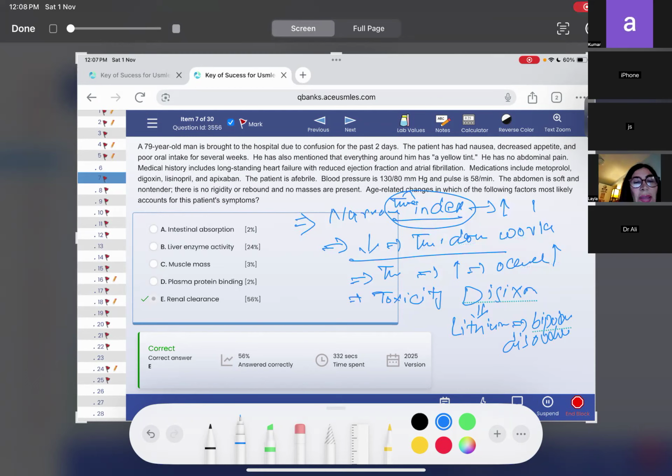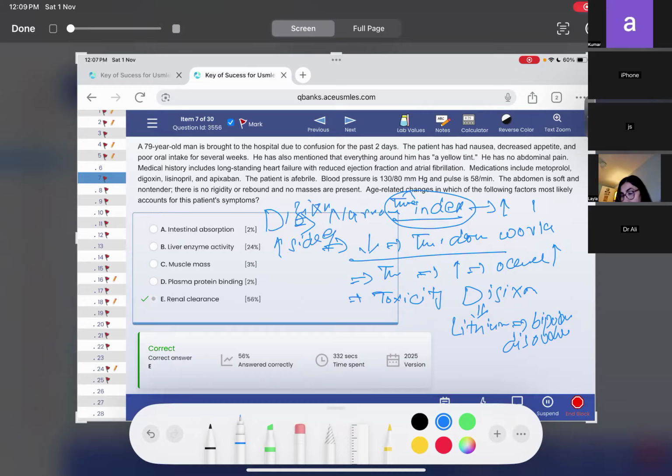I was just wondering, since there seem to be so many questions on digoxin, whether we will get a lot of them in the exam. Yes, you should go through digoxin very thoroughly because it is a very important and examiner-friendly topic, with many side effects.